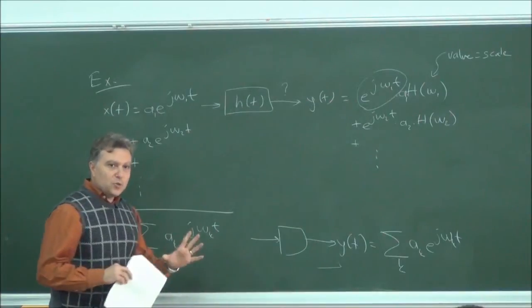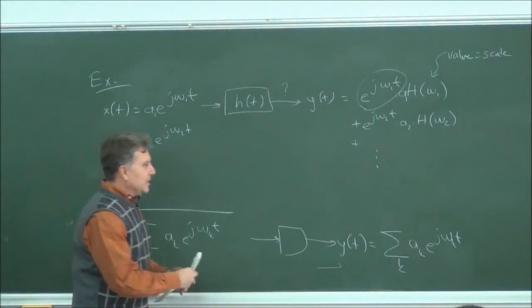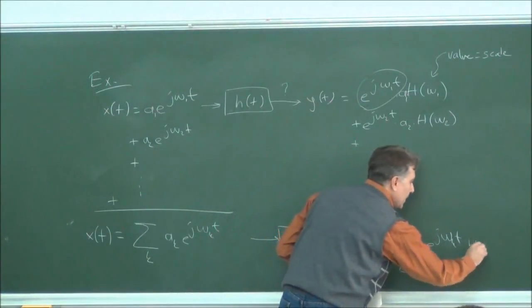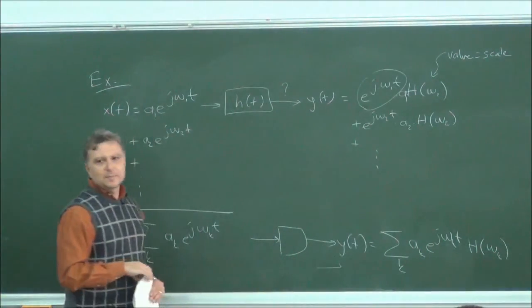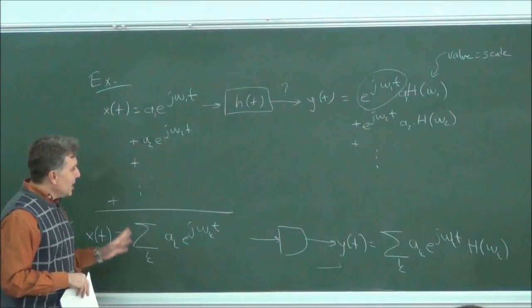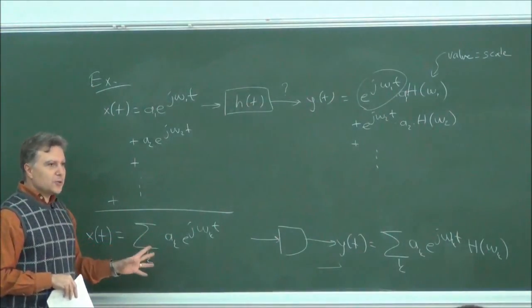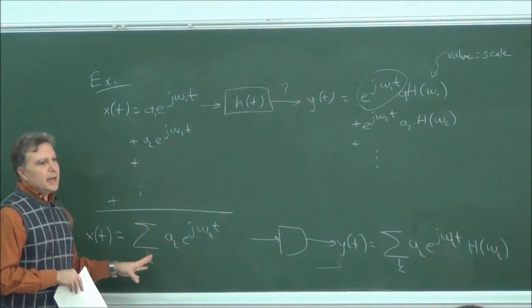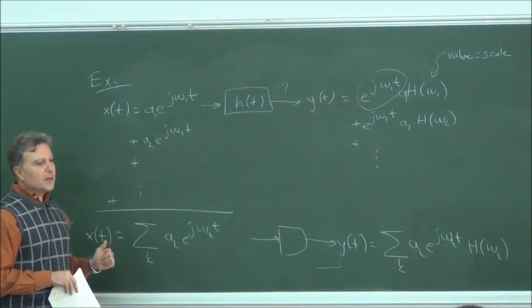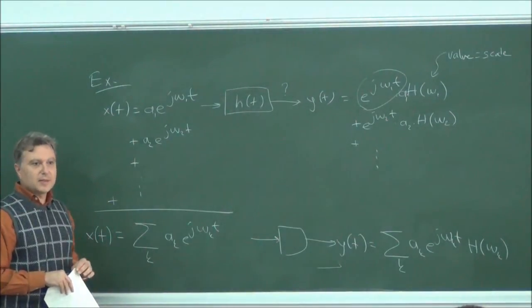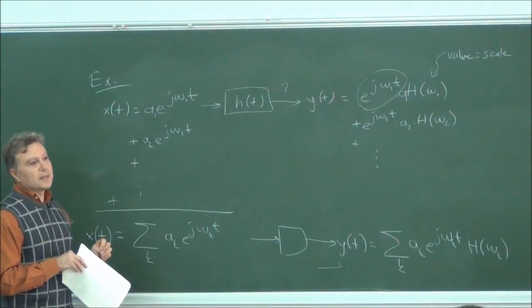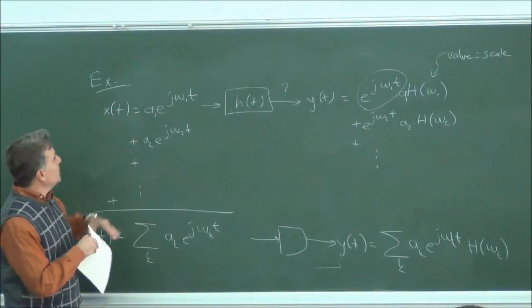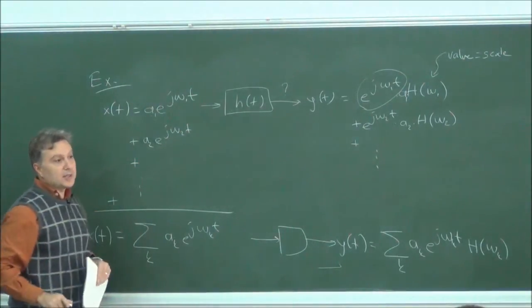But each of these things will be scaled by h of omega k, one by one, for every k. So this input-output relation is as easy as the input-output relation for the impulse response in the time domain. And this is quite specific to frequency representation, or quite specific to the complex exponentials.